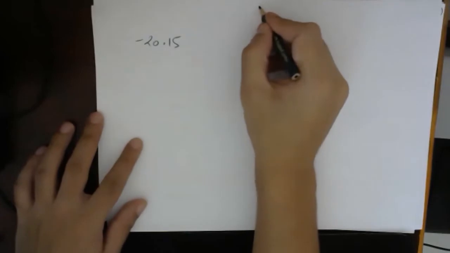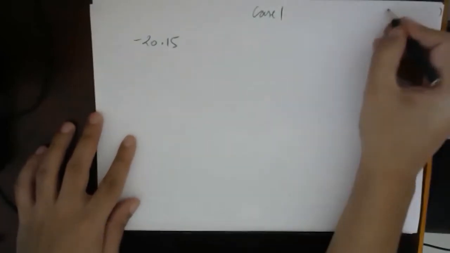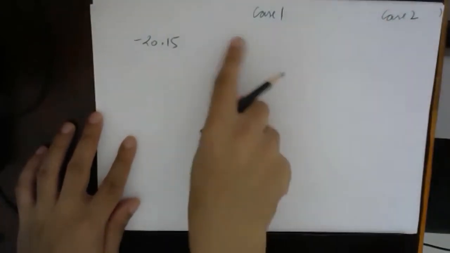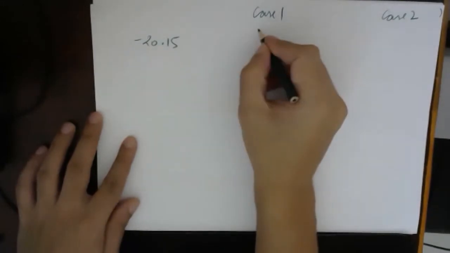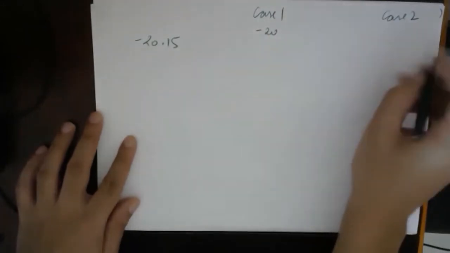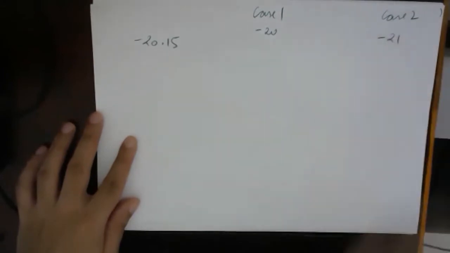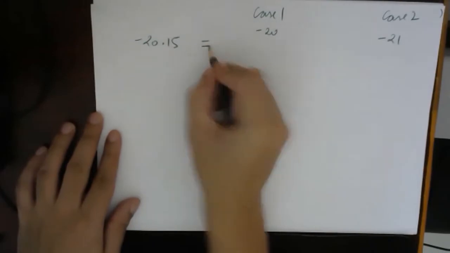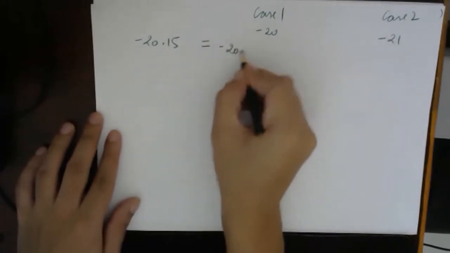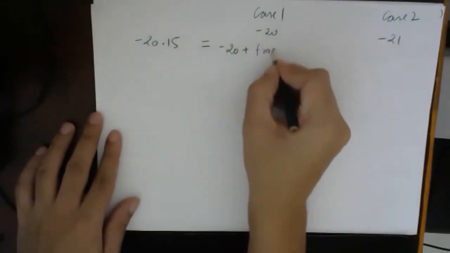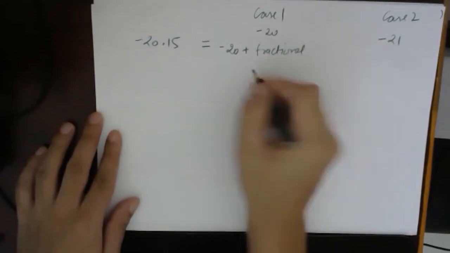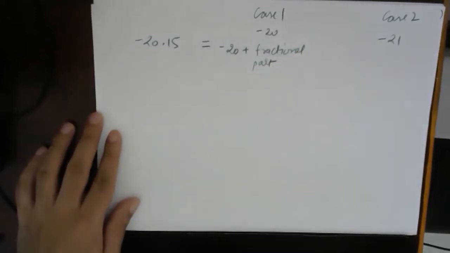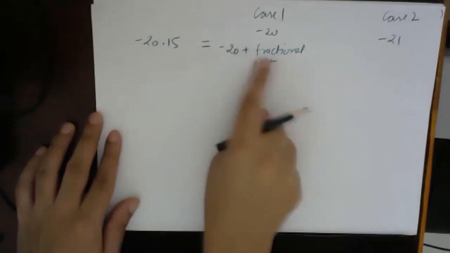So we have minus 20.15. Let's take case 1 and case 2. In case 1 we take the integer as minus 20, and in case 2 we take the integer as minus 21. So in case 1, this number is equal to minus 20 plus some fractional part.